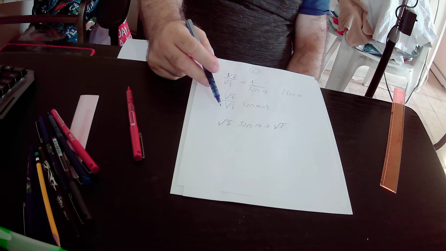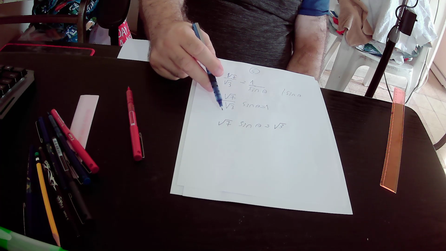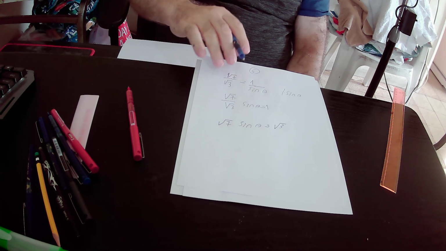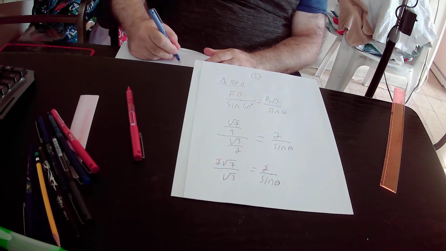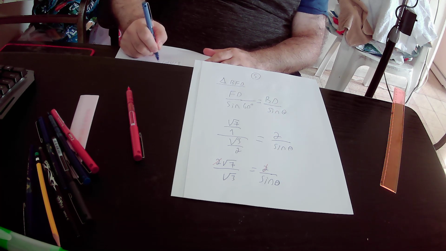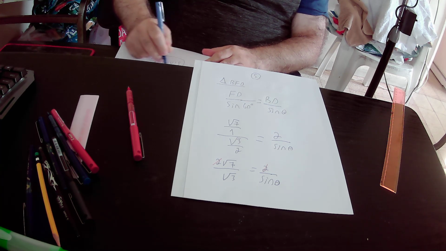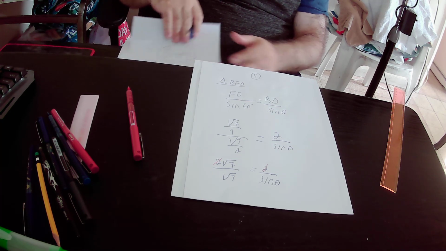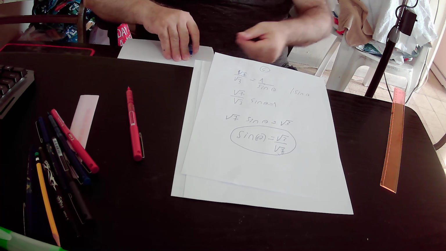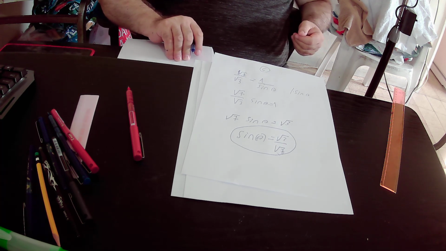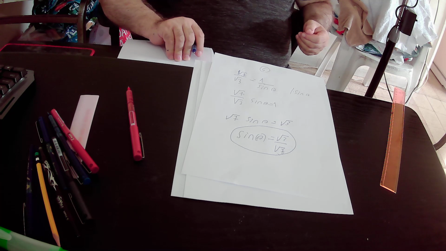We will divide this equality by root 7, and we will get that sinus theta equals the root of 3 over root 7. So we got the value of sinus theta.